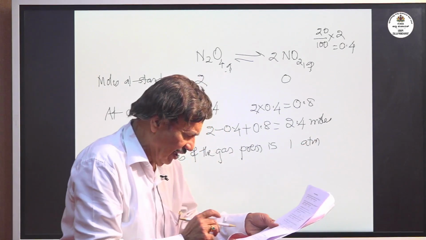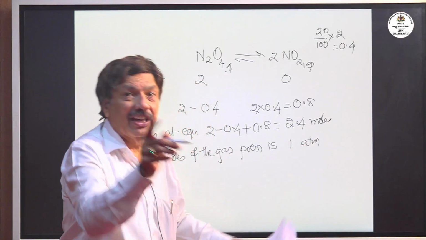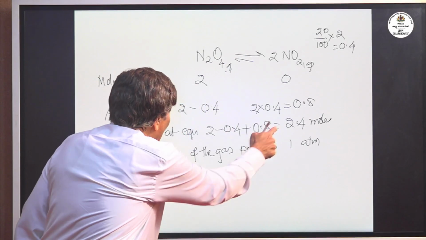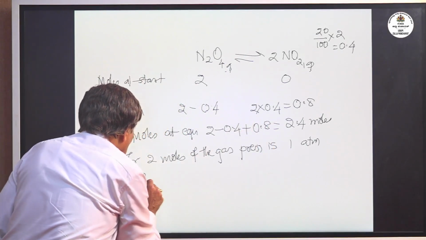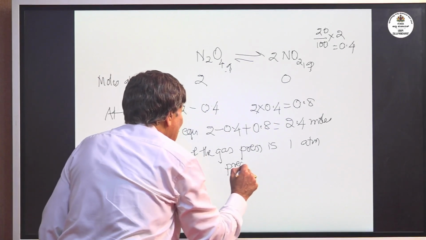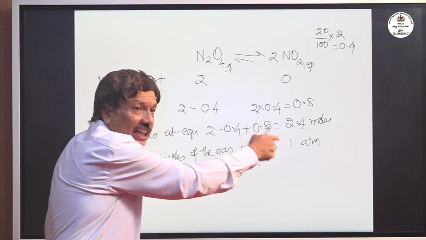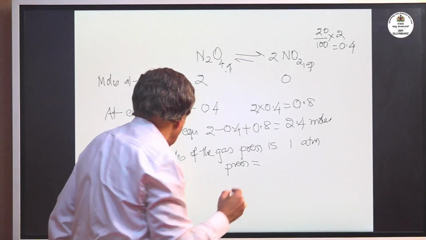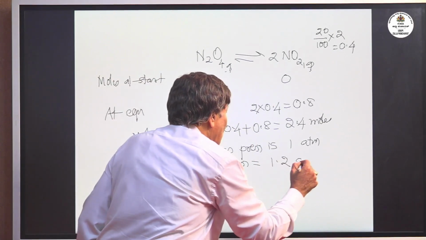They have given 2 moles of a gas under 1 atmosphere. When the number of moles changed from 2 to 2.4 moles, pressure becomes how much? For 2, it is 1 atmosphere. For 2.2 moles, it is 1.2 atmosphere.